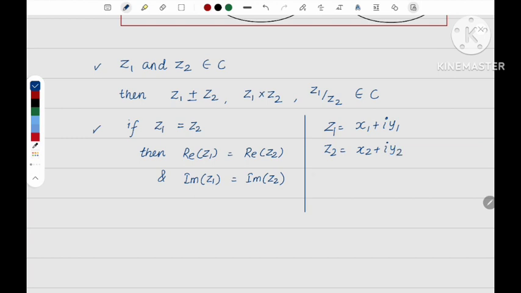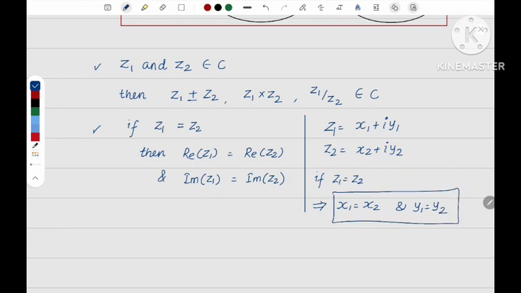Then if z1 is equal to z2, this implies x1 is equal to x2, and simultaneously y1 equal to y2. These two equalities should hold true if two complex numbers are equal. So that is the meaning of equality of complex numbers. That also we have seen, right? Okay.